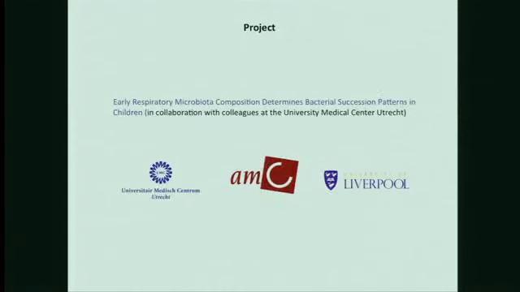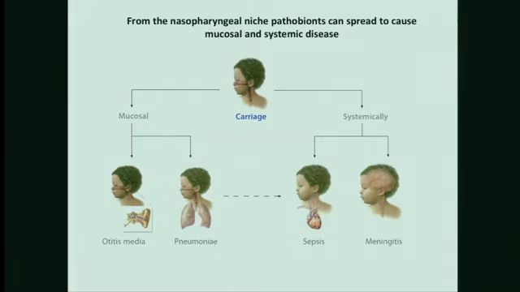Let me say a couple of words about the project I would like to describe. This is a collaboration with the University Medical Center of Utrecht, some people from the Amsterdam Medical Center, and also the University of Liverpool. What we were concerned with in this case was trying to look at early respiratory microbiota compositions. Let me motivate why it is an important problem. From the nasopharyngeal niche, pathogens can spread and cause diseases such as otitis media, pneumonia, sepsis, and meningitis.